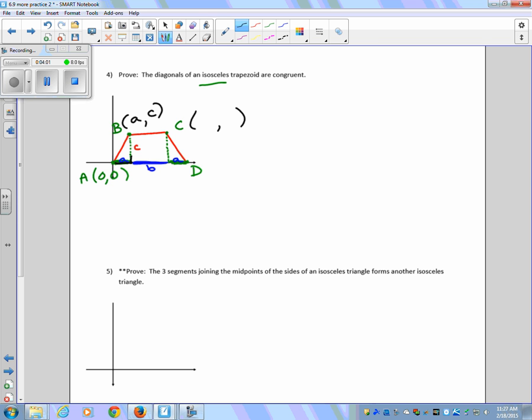Yep, A plus B, comma C. Good. And what about D? Yep, 2A plus B, 0.